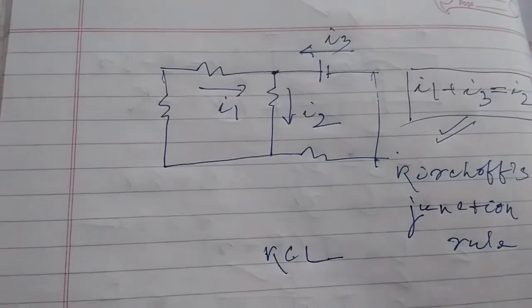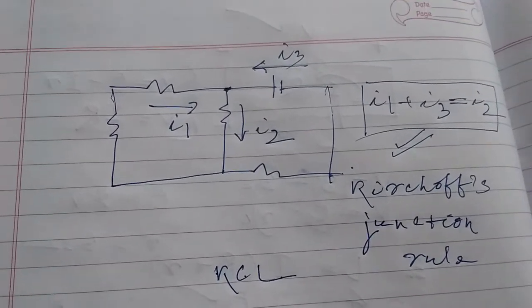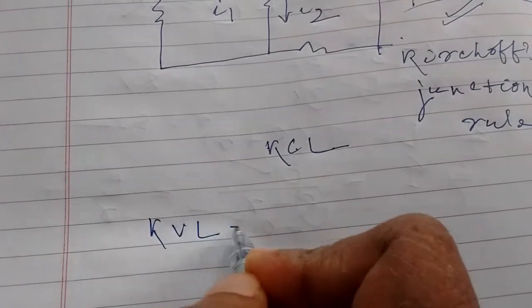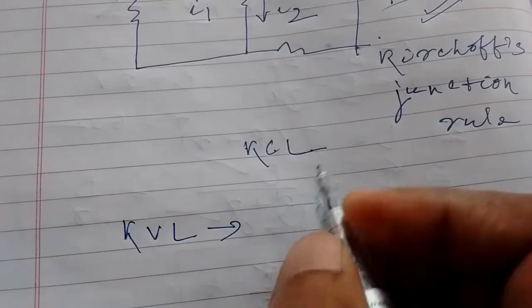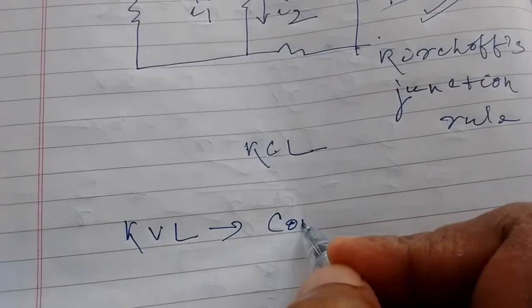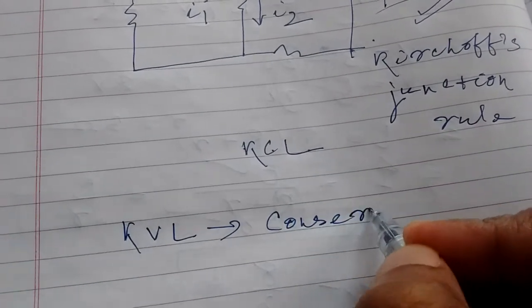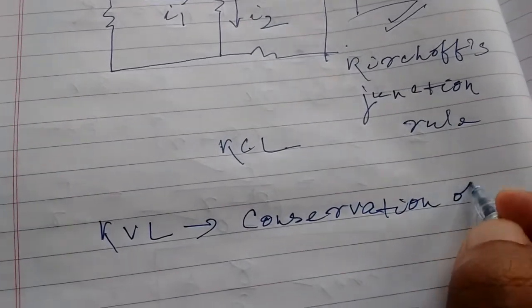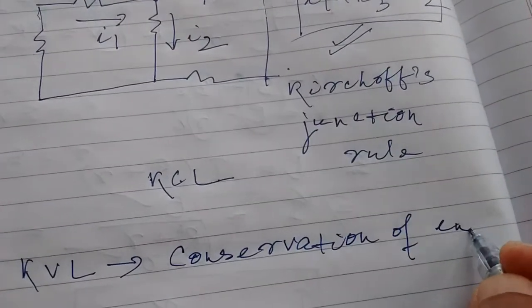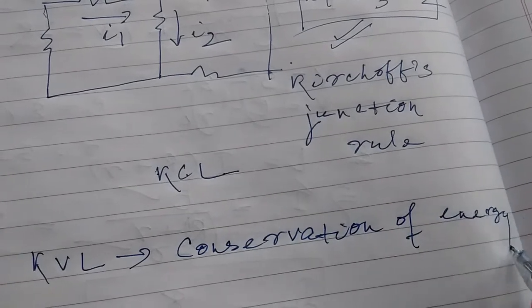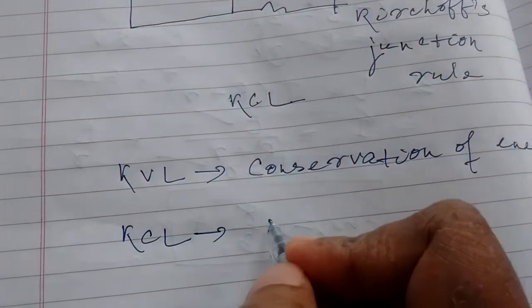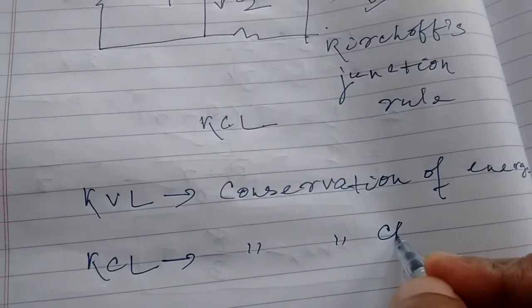Okay. Now these are the two laws. Okay. First one, KVL, is based on conservation of energy. But KCL is based on conservation of charge.